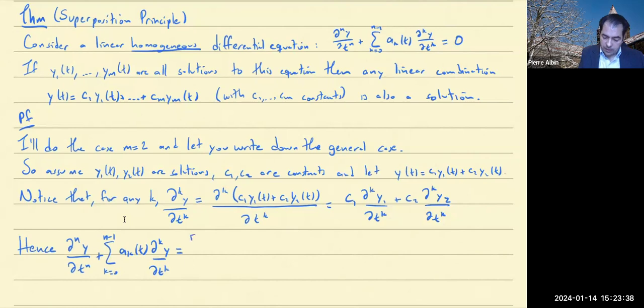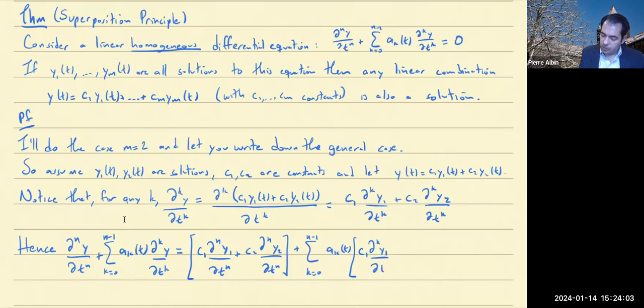Well, the nth derivative becomes C1 times the nth derivative of y1 with respect to t plus C2 times the nth derivative of y2 with respect to t, right? Then we have this sum, k goes from 0 to n minus 1, ak of t, and the kth derivative becomes C1 times the kth derivative of y1 plus C2 times the kth derivative of y2.